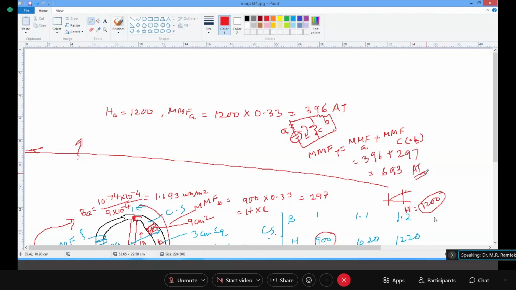Now nothing is mentioned, and they have not even asked what the current is. Assuming you have N as 500, just extending the problem, if N is 500 given, then the current will be 693 by 500. Clear?